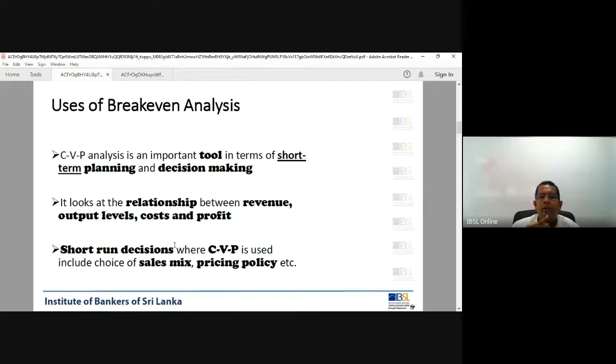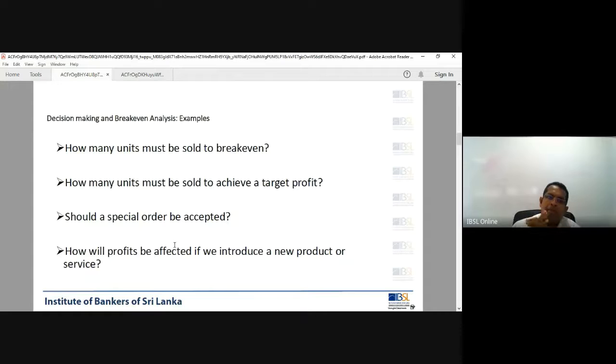Then the use of break-even is for short-term decision making and planning. Short-term decisions like sales mix and pricing all use break-even analysis. There are some more examples. How many units must be sold to break even? How many units must be sold to achieve a target profit? Should the special order be accepted?